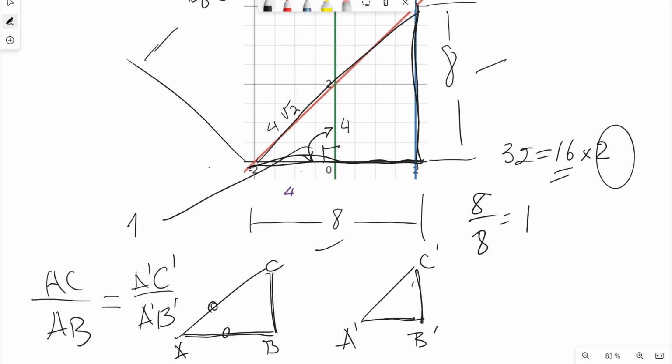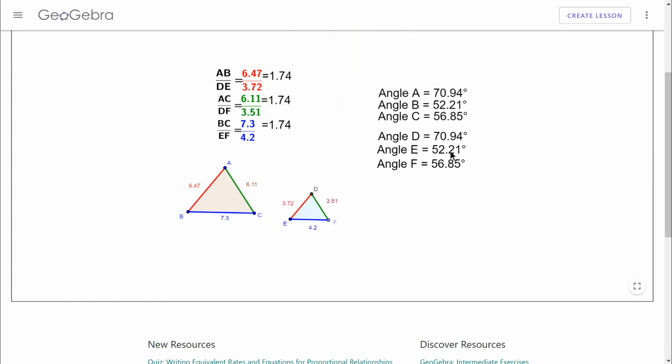Let me illustrate it using Google. This picture shows the proportionality between sides of different similar triangles. Dividing this by its corresponding side in the other triangle gives one constant.